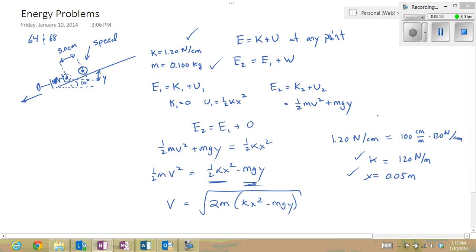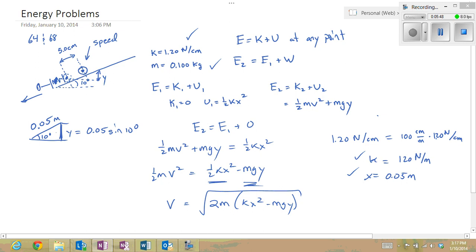So here we have this triangle from the inclined plane, a 10-degree angle, and the length of the hypotenuse is 0.05 meters. It was pulled back 5 centimeters, so we can get this height, y. Y is going to equal 0.05 times the sine of 10 degrees because it's the vertical side, or the side opposite of the angle.